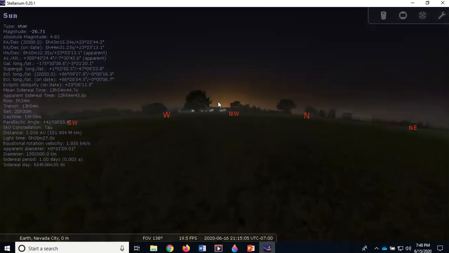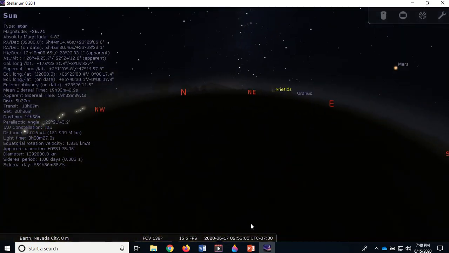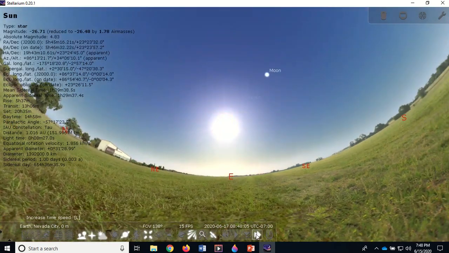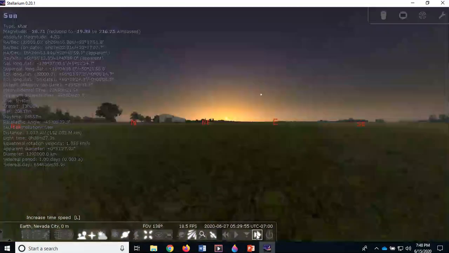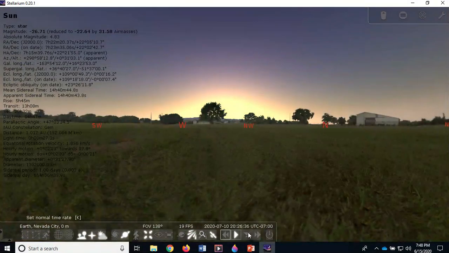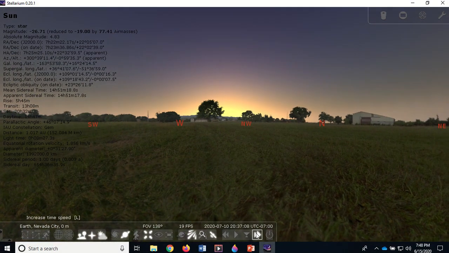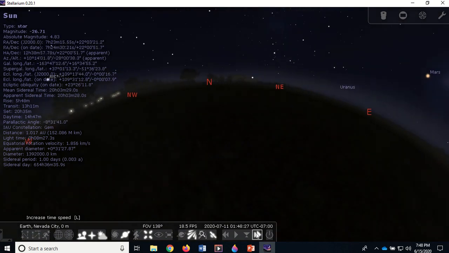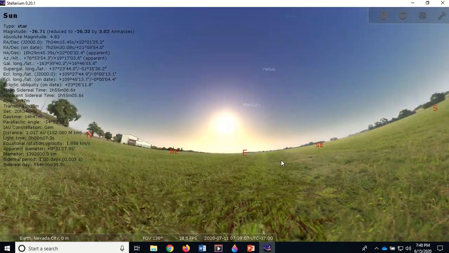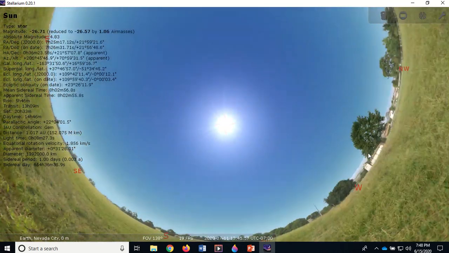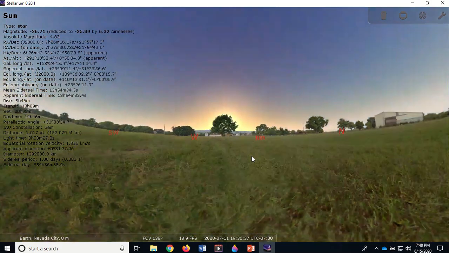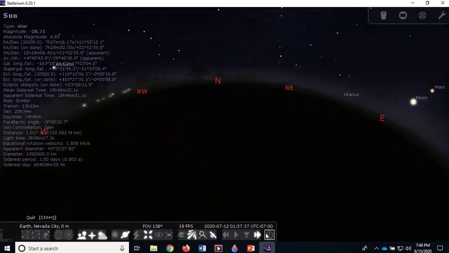Look at what, right through that tree right there. We need to speed this up though because it's going to take a while. Sun rises. What tree would it go down through? It went down through that tree right there. It still kind of goes down that tree, so we've got to go quite a ways more.